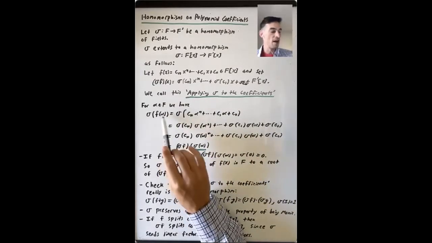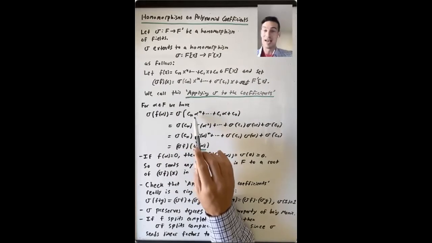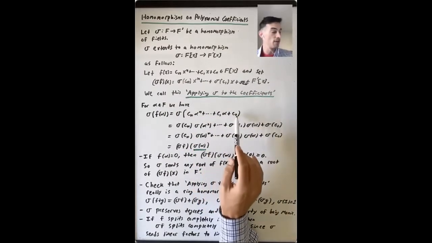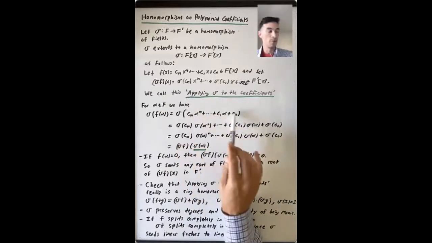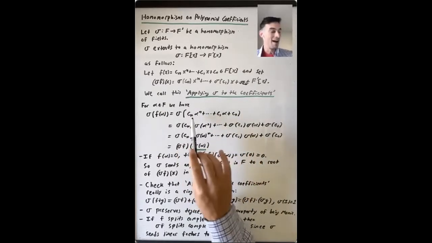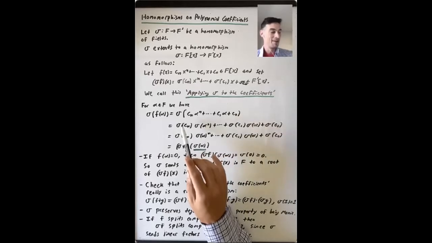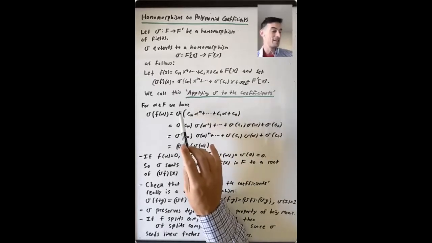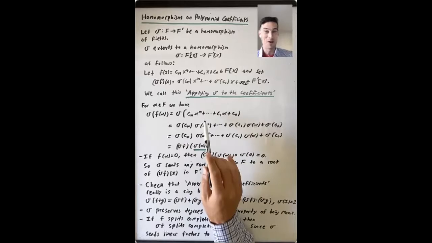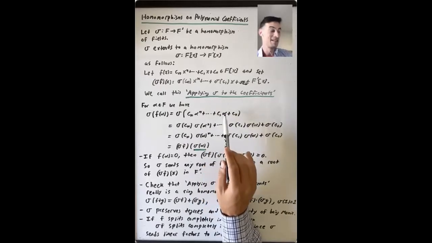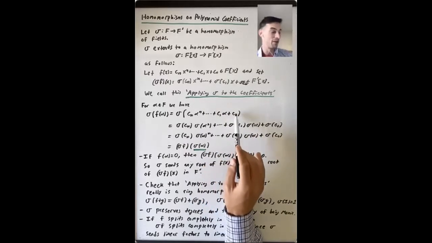So let's look and see what happens. Sigma of f(alpha), well, f(alpha) is just c_n alpha^n + ... + c_1 alpha + c_0. If we apply sigma here, this is a homomorphism, so this is sigma(c_n alpha^n) + sigma(c_{n-1} alpha^{n-1}) + ... + sigma(c_1 alpha) + sigma(c_0).